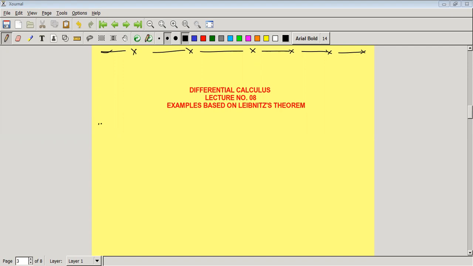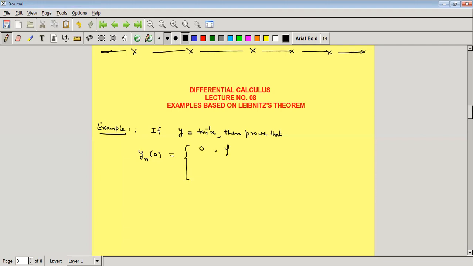So, example: if y is equal to tan inverse x, then prove that yn at point 0 is equal to 0 if n is even, and minus 1 to the power (n minus 1) upon 2, into (n minus 1) factorial, if n is odd.